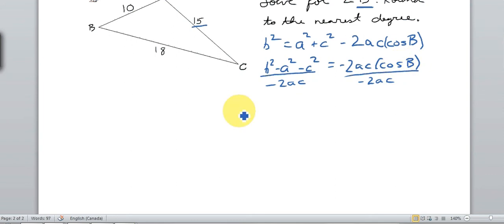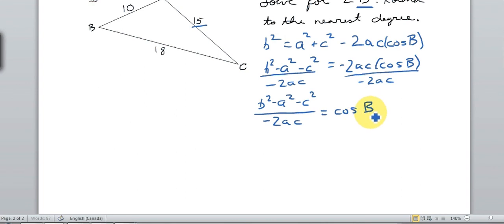So to get b by itself, we have to do cos to the negative 1. So just to make this easy, we're going to switch this equation around. b equals inverse cos, or cos to the negative 1, times all of this: b squared minus a squared minus c squared, over negative 2ac.